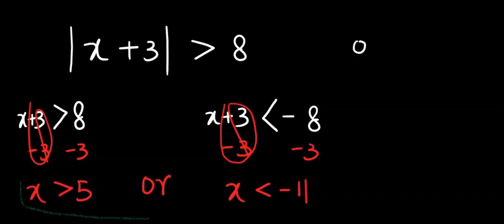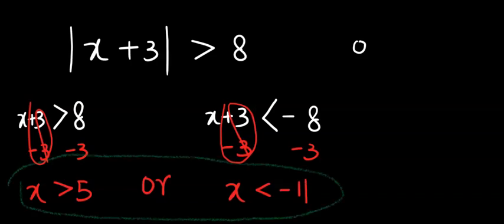Here is our solution. If you want to graph it, make sure you're using an open circle right here. Okay, that is all for today's lesson, how to solve absolute value inequalities. Happy learning.